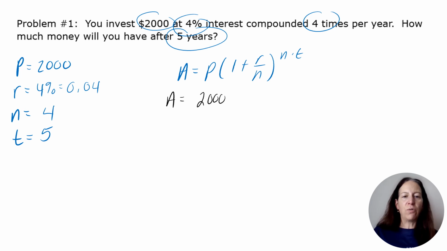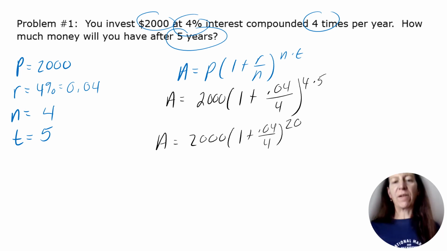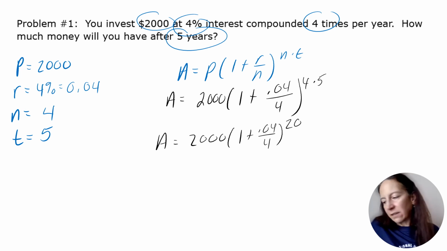So we've got a 2,000. We have a 0.04 divided by 4. And this is 4 times 5. Some of this you might be able to do in your head. I can do that because I know 4 times 5 is 20. Now, could I figure that out?